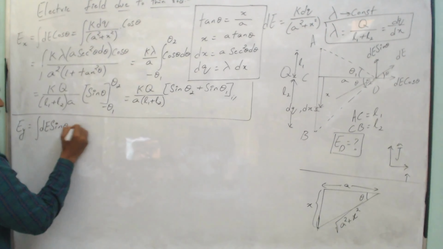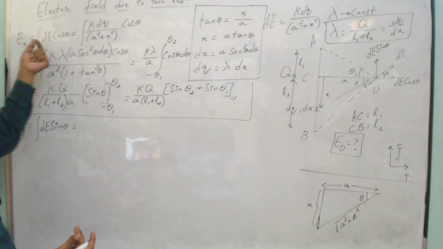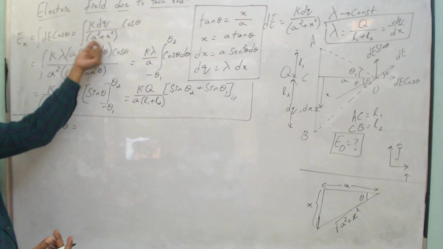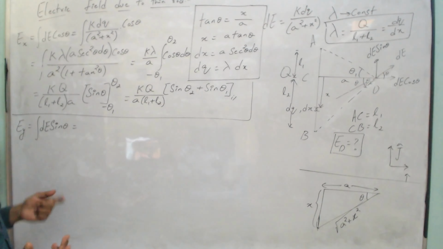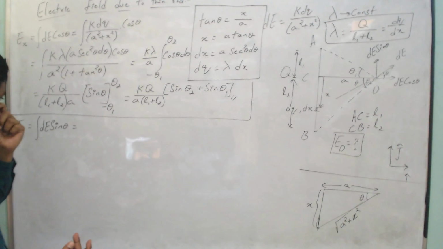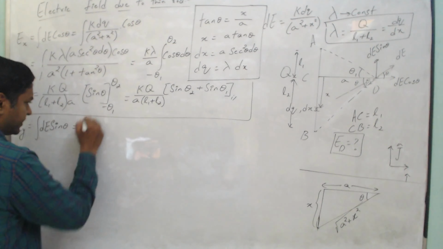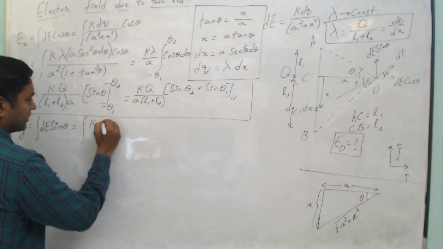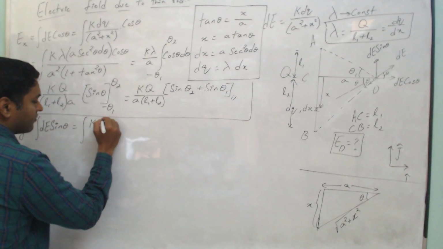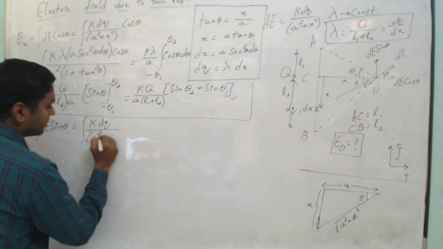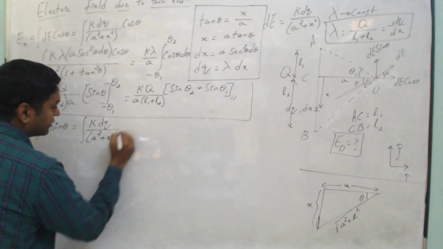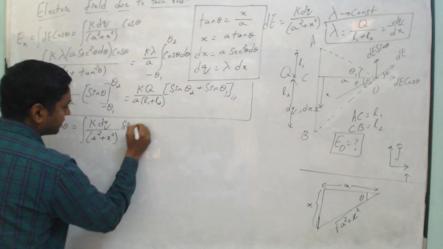Now remember, if I do k dq by a square plus x square, and this entire thing is going to be the same, correct? So I'll simply write it k. In place of dq, I have what? I'll first write it off and then substitute. a square plus x square into sine theta, correct?